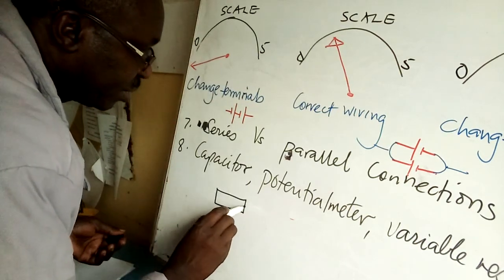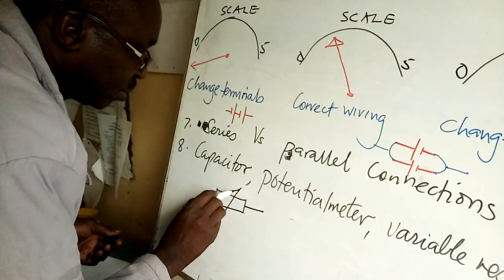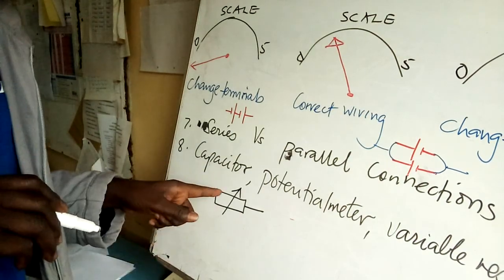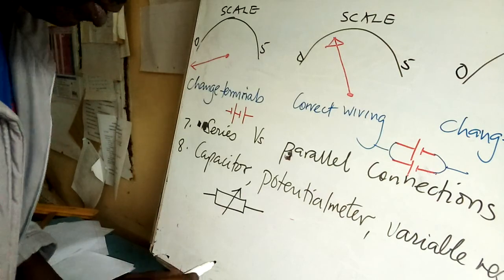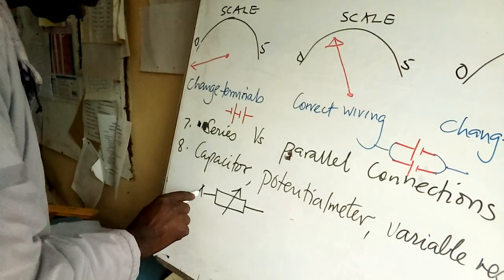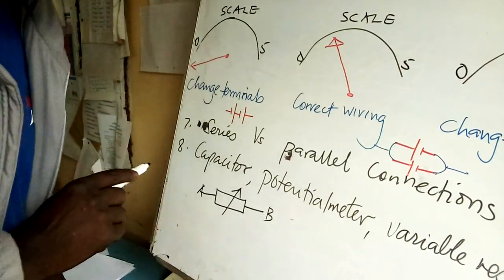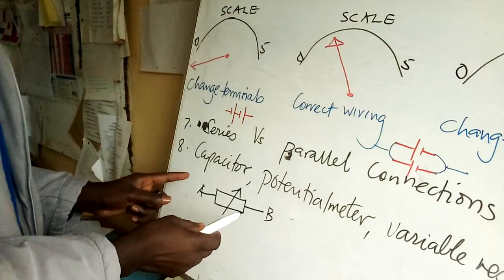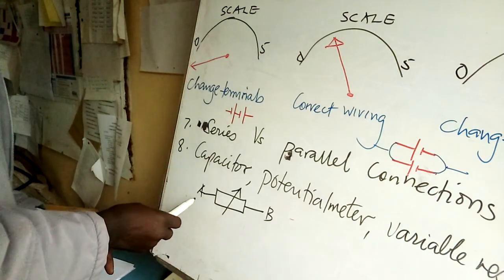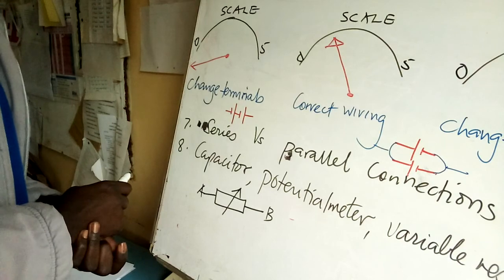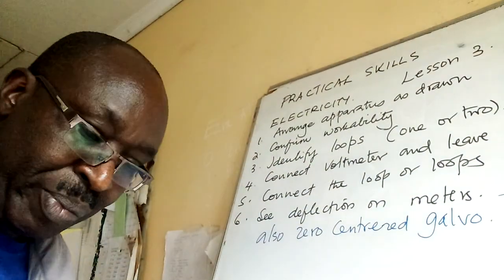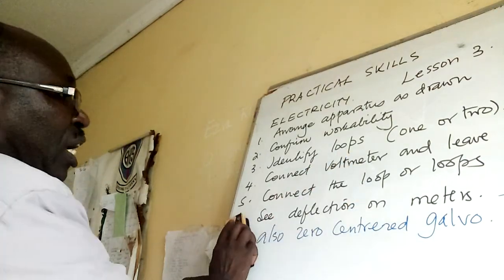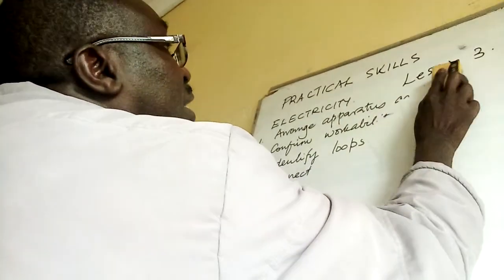If I have this, that is a variable resistor. Now, which are the 2 terminals I'm talking about? I'm talking about A and B. That is where your connection must be. A and B. Since this is very important, I better just rub this and show you the right way.